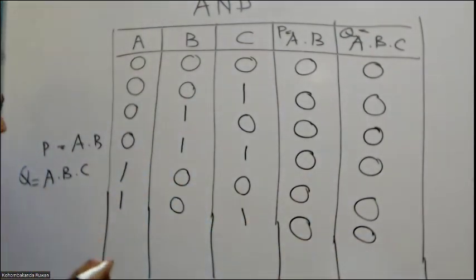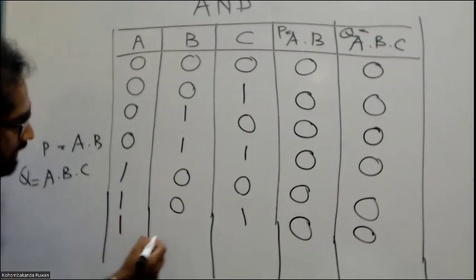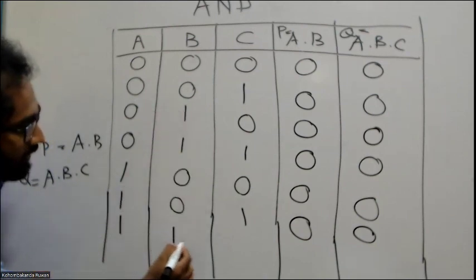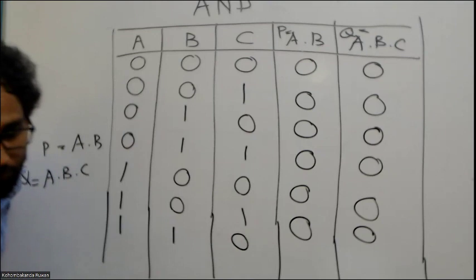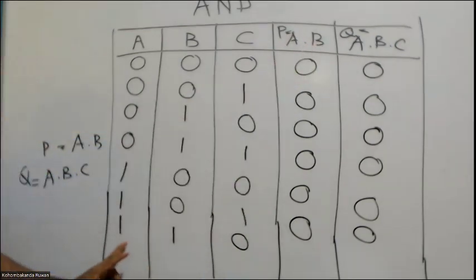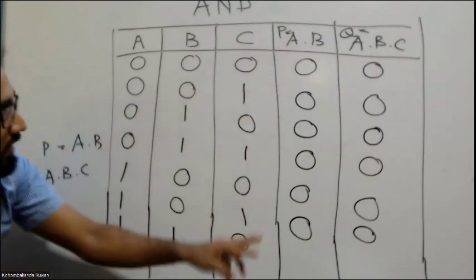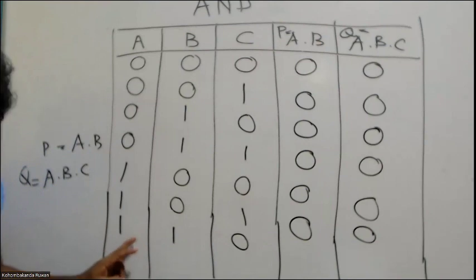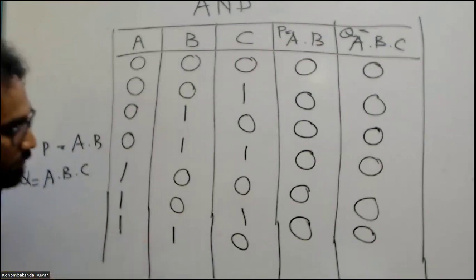Next one. I will say that A is 1, B is 1, C is 0. Now tell me A and B. What will be the result? 1.